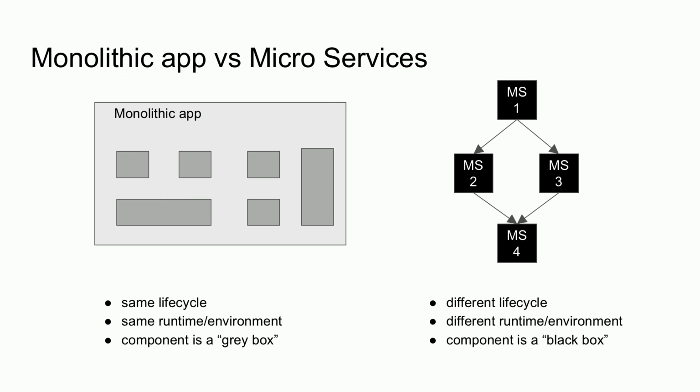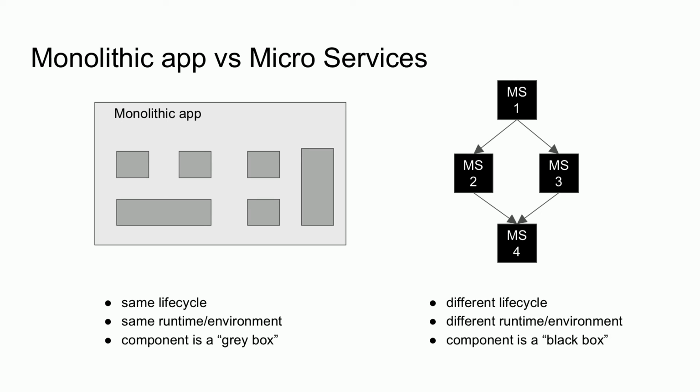So let's now think about component testing in terms of monolithic application versus microservices application. So when we talk about components in monolithic application, they have the same life cycle. What I mean by that is when you ship application into production, you do not ship a separate component. You make a bundle and then you ship the whole bundle into production.